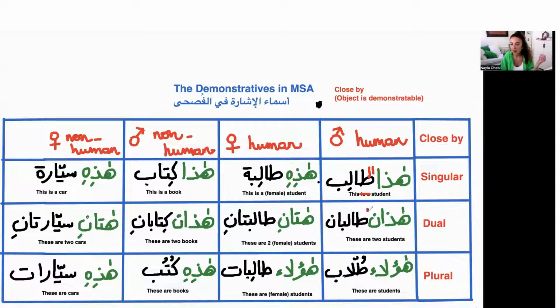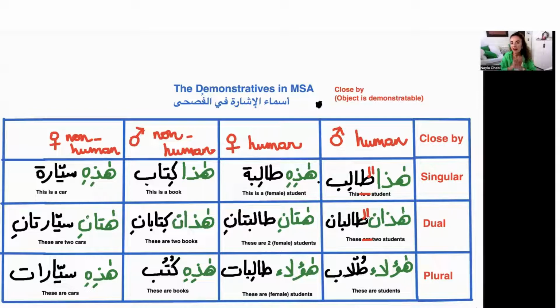Let's take a few. So here I would add again the L as an article. It becomes هذان الطالبان. The translation becomes these two students. So it's not anymore a nominal sentence. Without the L, it was a nominal sentence, a complete sentence with is, verb to be, in the middle.